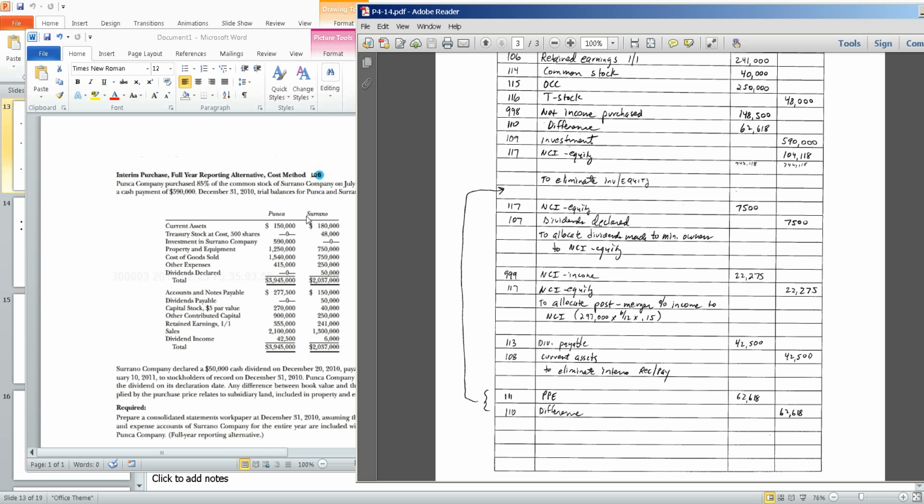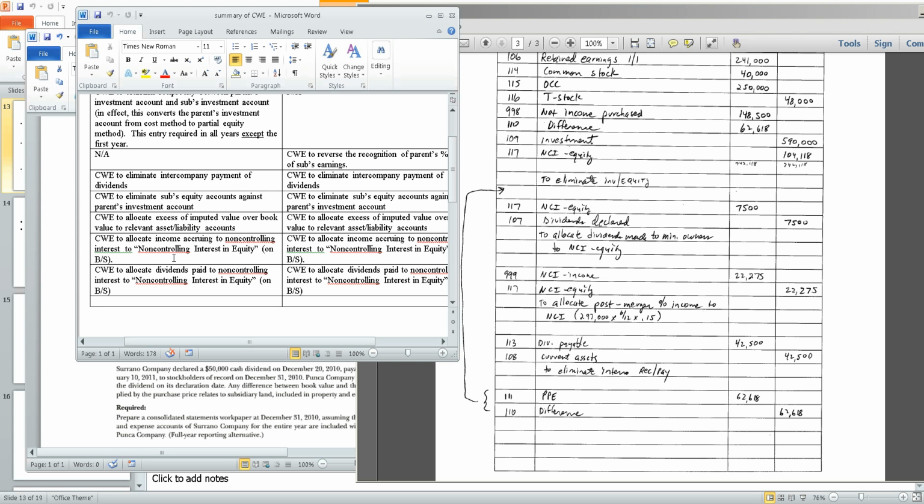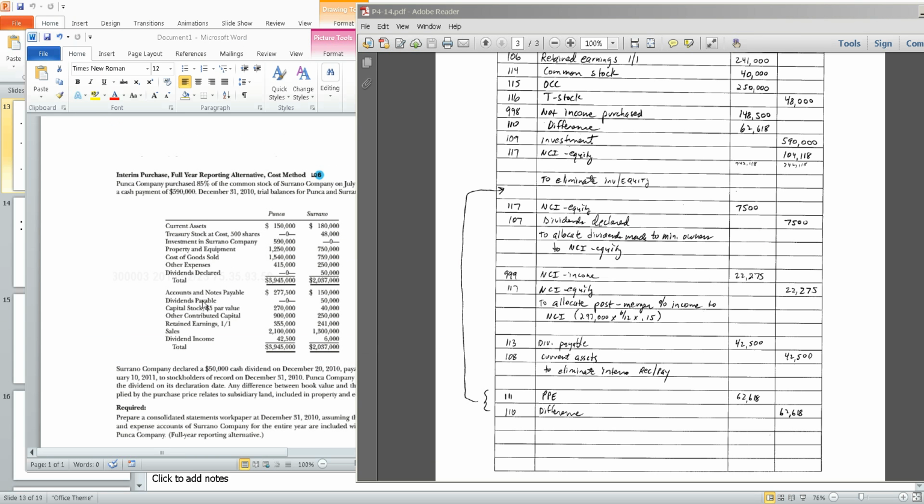And then one other thing that we have to do that is not described here is eliminate any other intercompany accounts. The one other intercompany account that we have is this corresponding dividend receivable here embedded in this $150,000 on the parent's books, and the corresponding dividend payable here embedded in the sub's liability account.